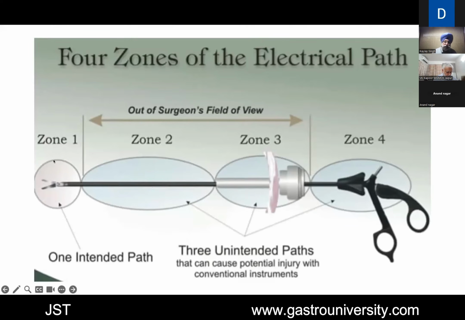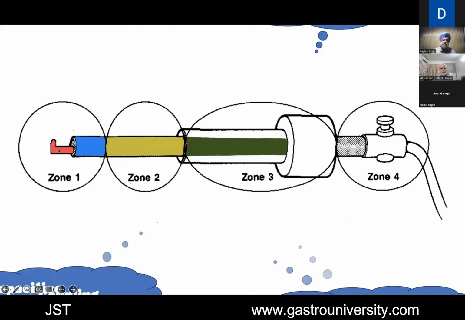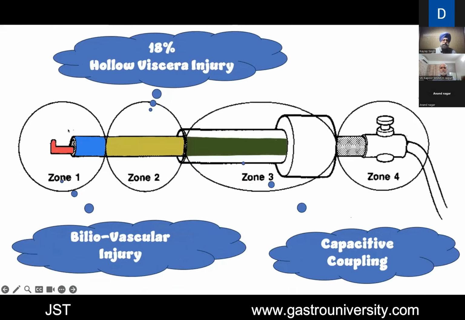We intend to give current only to zone 1, but inadvertently during surgery, or when the instruments are not properly maintained or not properly chosen, the current can dissipate from any of the other 3 areas, and that's where we get into trouble. So only zone 1 is to be active, but this at times fails.